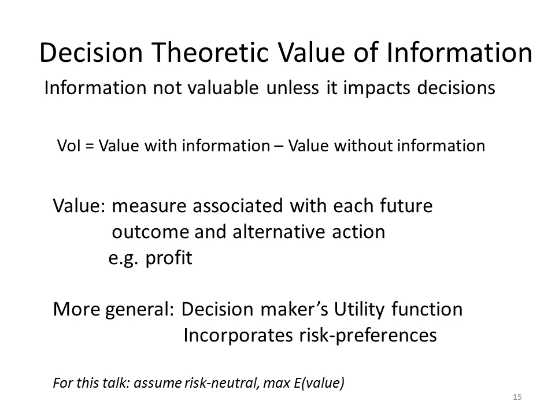For example, this could be the profit. More generally, it includes the decision maker's utility function and incorporates risk preferences, risk averse or risk seeking. For this talk, we'll assume a risk neutral decision maker, and so we'll look at expected values. But it doesn't have to be that case always.